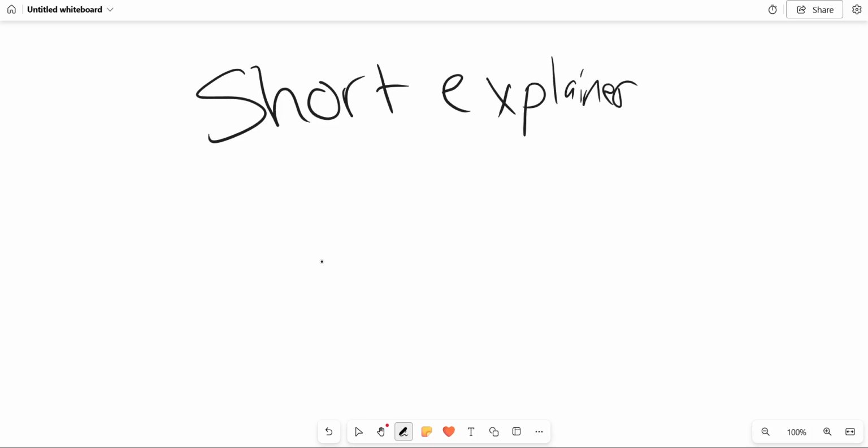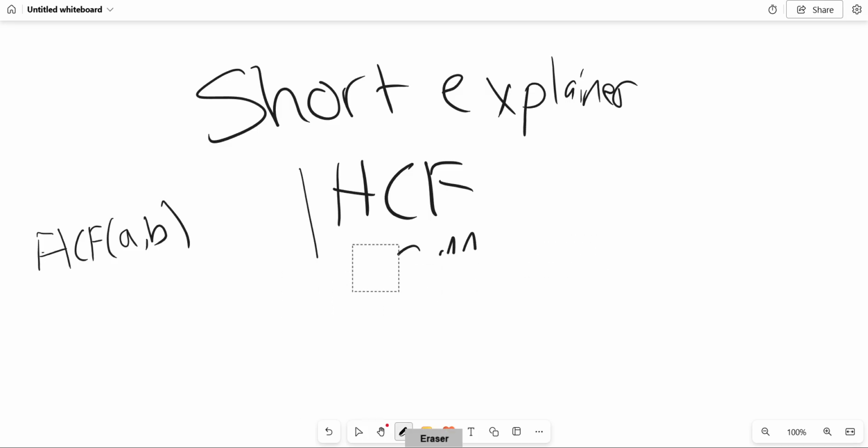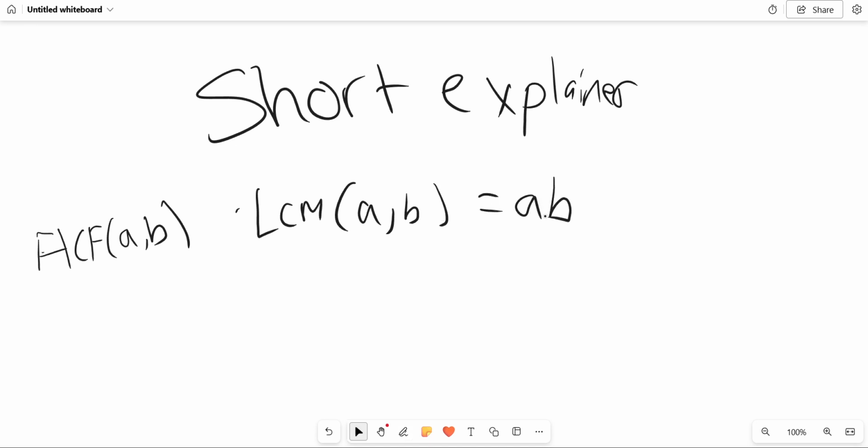From this logic, you can derive HCF or LCM and think, you know, the HCF of A and B times the LCM of A and B equals AB. You can do stuff like this.